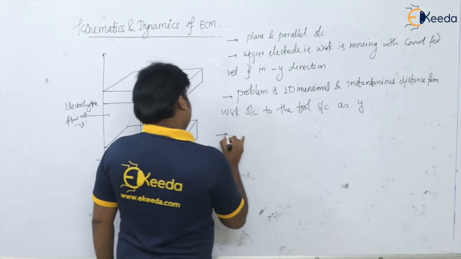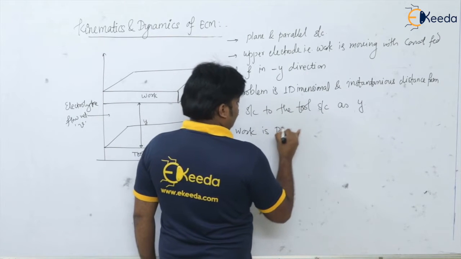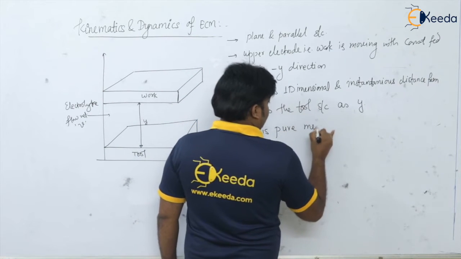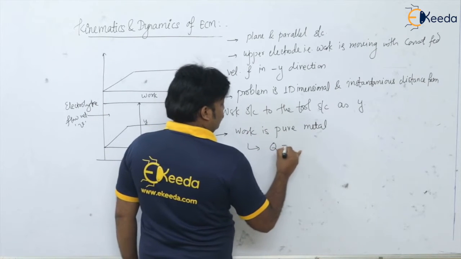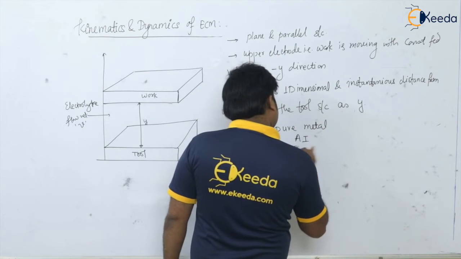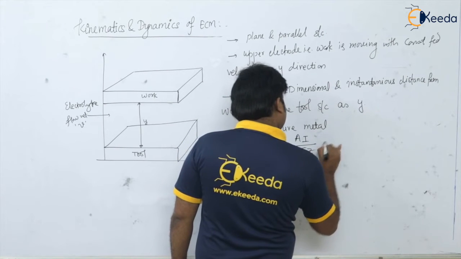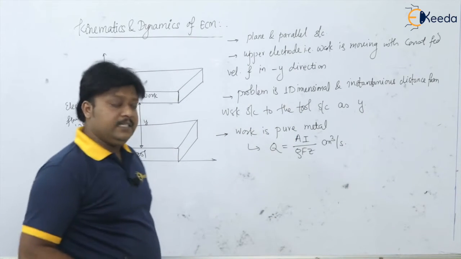And of course the work is made of pure metal, no alloying, and we know that for pure metal the material removal rate Q is given as AI divided by rho FZ, centimeter cube per second, isn't it?